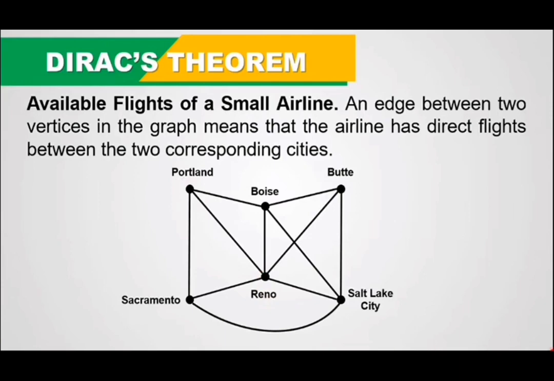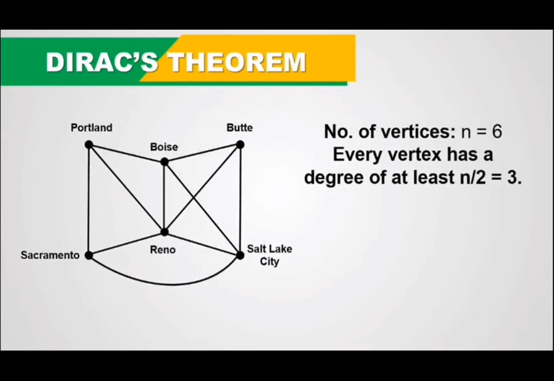Now, the number of vertices in this graph is 6: 1, 2, 3, 4, 5, and 6. So we have 6 vertices. And every vertex of the graph has a degree of at least n over 2 equals 3.